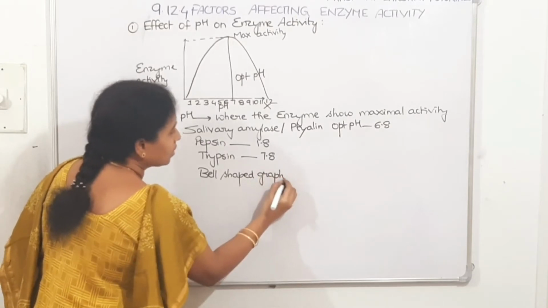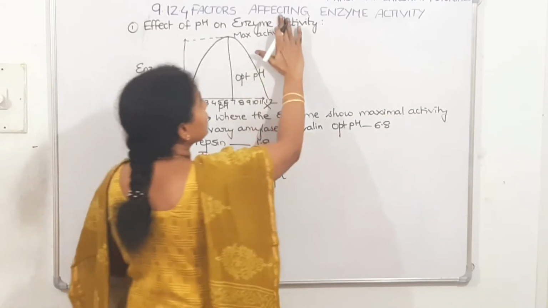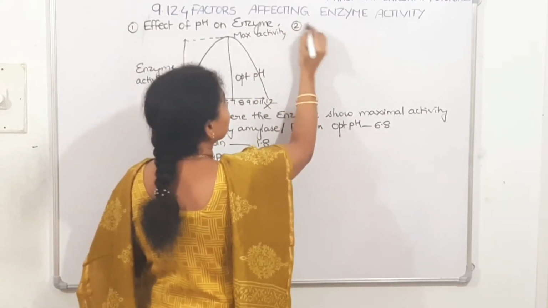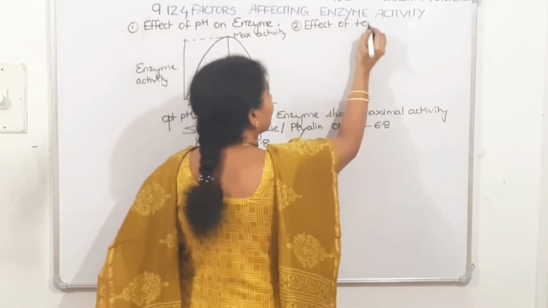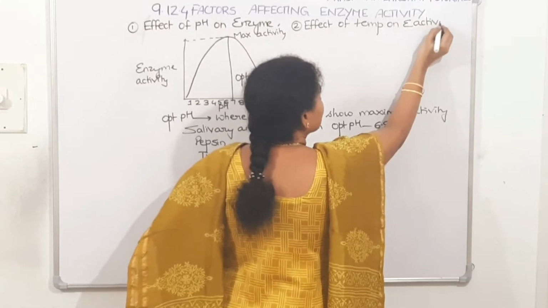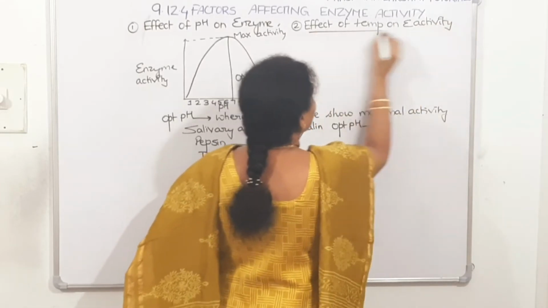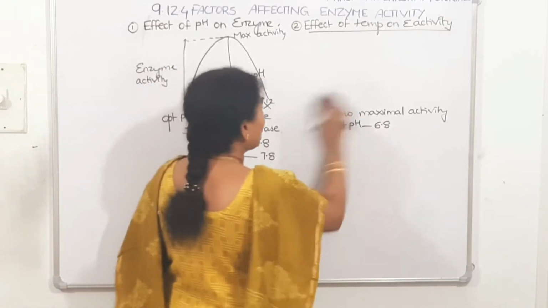Now, let's work out the second factor. This was the effect of pH on enzymatic activity. Let us see the second factor, the effect of temperature on enzymatic activity. It's almost the same as the case of pH.